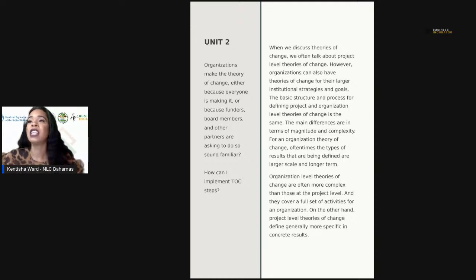For an organization theory of change, oftentimes the types of results that are being defined are larger scale and longer term. Organization level theories of change are often more complex than those at project level, and they cover a full set of activities for an organization. On the other hand, project level theories of change generally define more specific and concrete results.